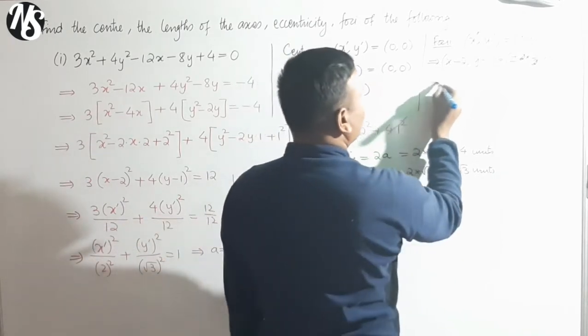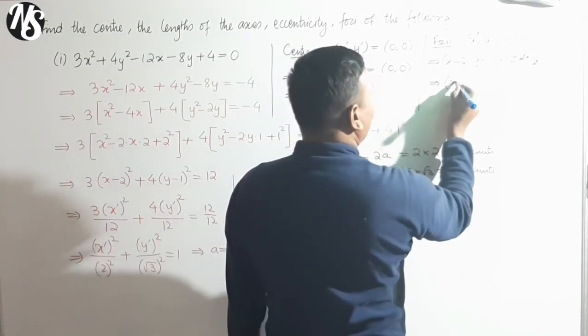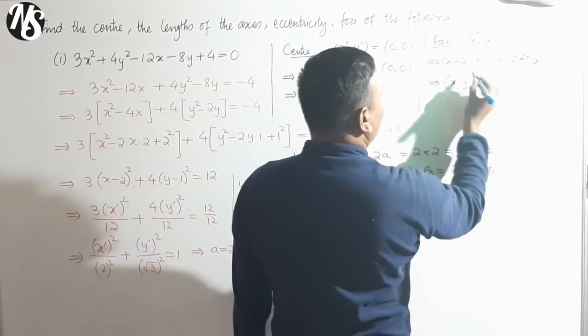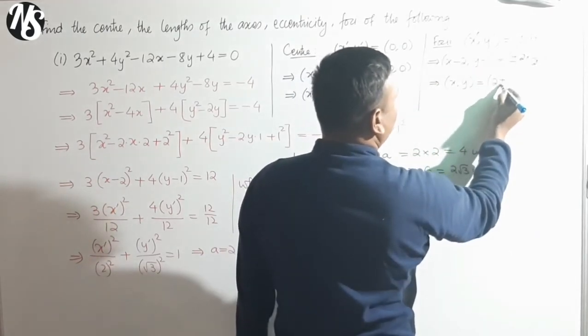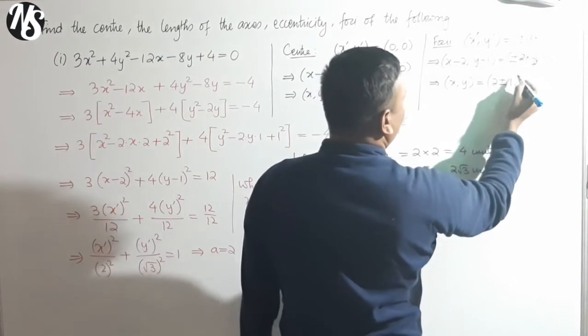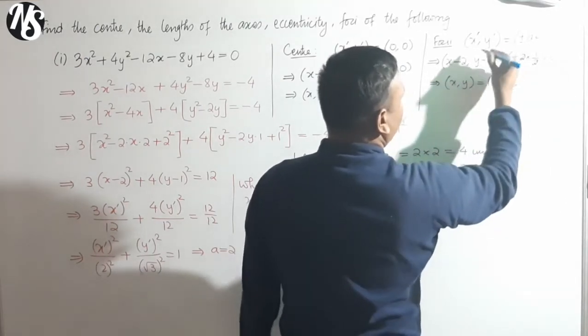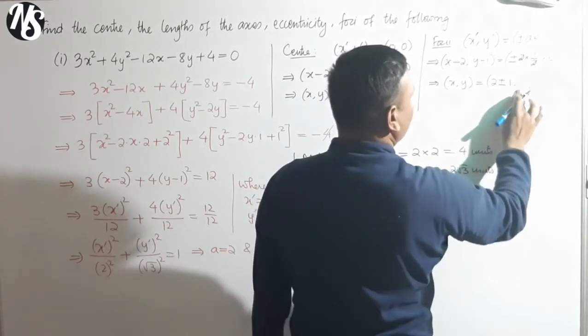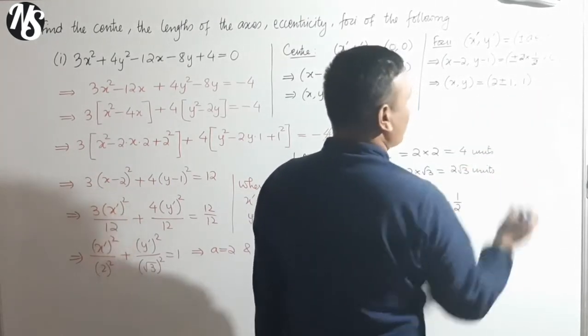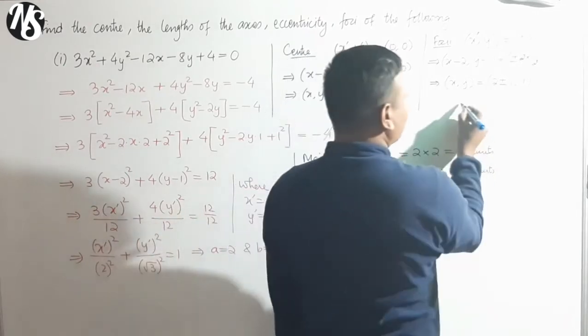From here we see that x comma y will be equal to, so this 2 goes over there, becomes plus 2. Plus minus 1 is there. And we have got 0 out here, so this minus 1 goes over there, becomes plus 1. So 0 plus 1 is 1. Now there are two things out here. See here carefully.